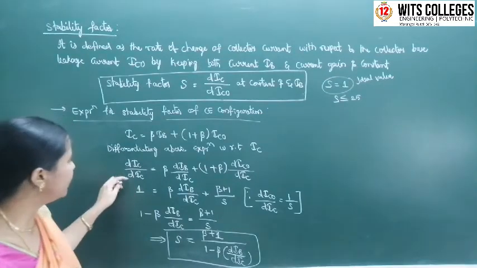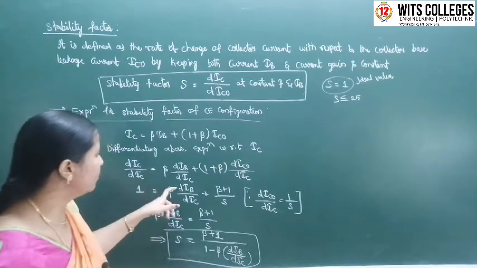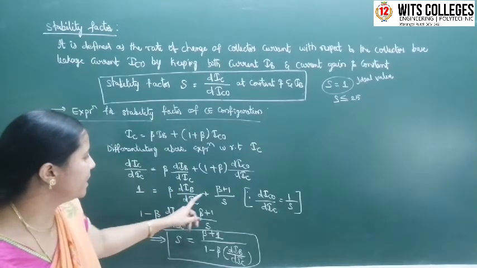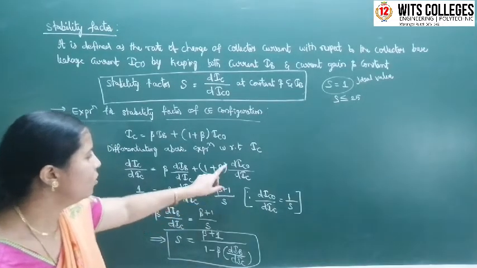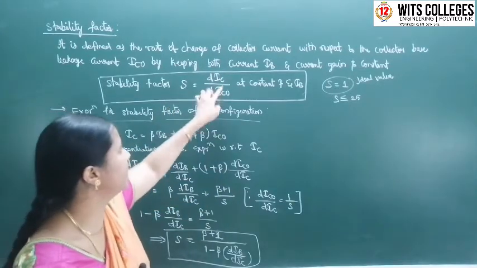So dIC by dIC gets cancelled and you will get 1 equal to beta into dIB by dIC plus (1 plus beta) into dICO by dIC. What is the equation for S? S equals dIC by dICO.